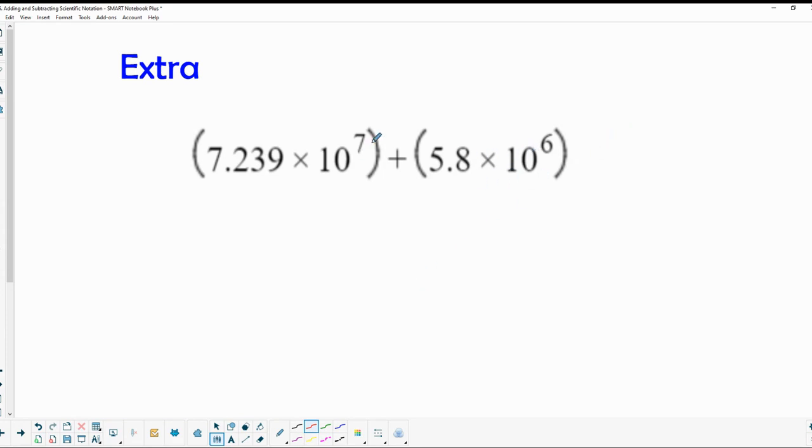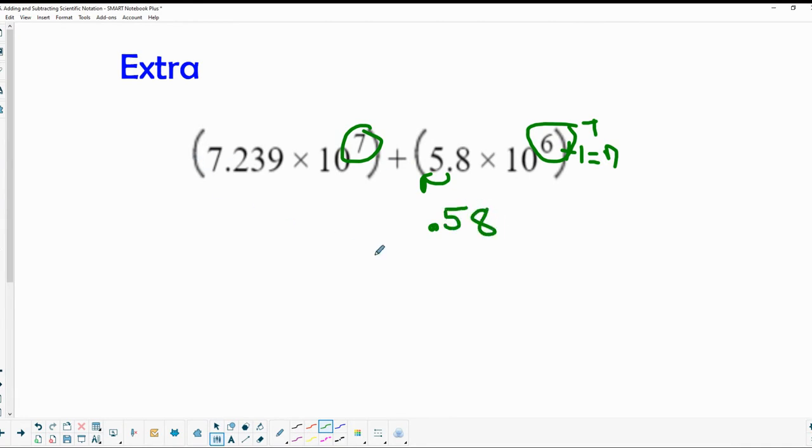First of all, we look at our exponents and we notice that the first one has an exponent of 6, the second one has an exponent of 7, which means that we want to bump that 6 up to a 7. So in order to do that, we have to add 1 to it, right? In order to add 1 to that exponent, we need to move this decimal to the left one place, which will give us 0.58.